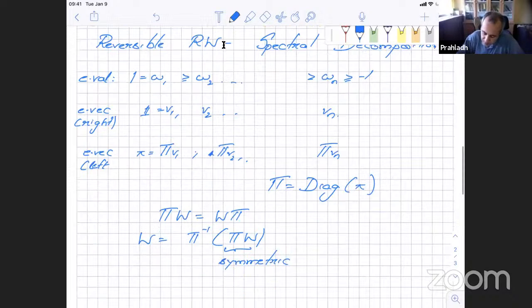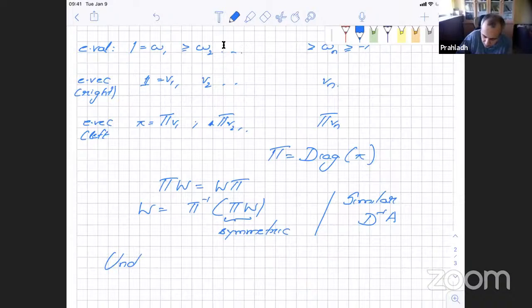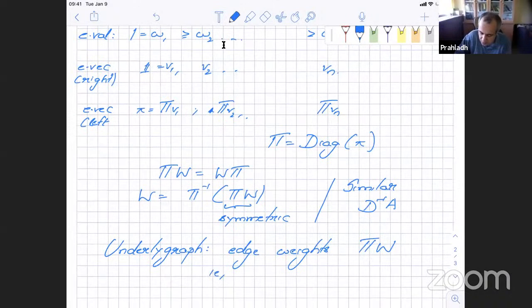This is similar to D inverse A. So if you give me a random walk matrix, we will think of the underlying graph as one in which the edge weights are given by pi W. That is, Aij is exactly equal to pi i Wij.